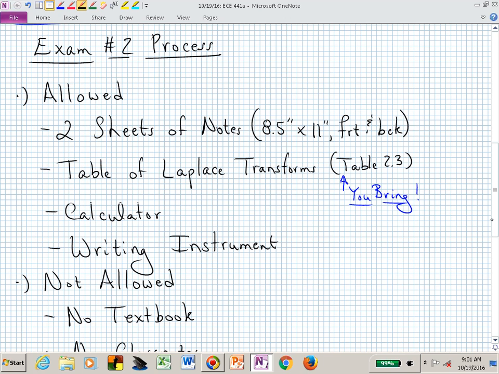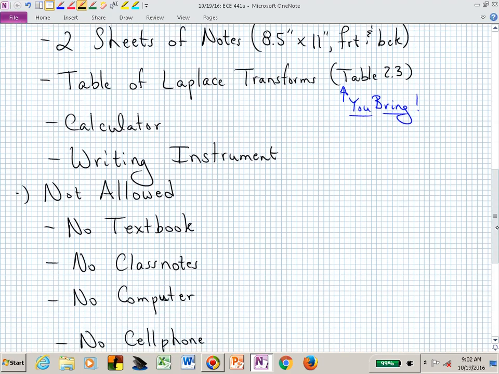The process for exam number 2: you can now have 2 sheets of notes if you so desire, front and back. And if you want to bring a Laplace transform table, you're bringing it. I'm not furnishing it. That apparently wasn't that clear last time, but I don't know that it was that critical. It may not be that critical this time, but if you want it, it's available to you, but you need to bring it, and something to calculate and write with.